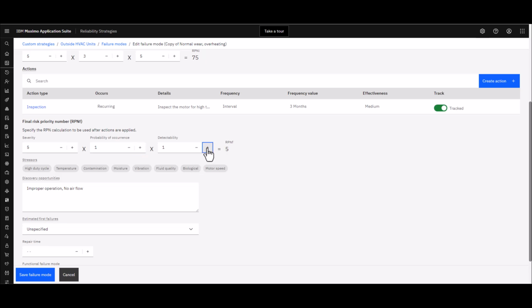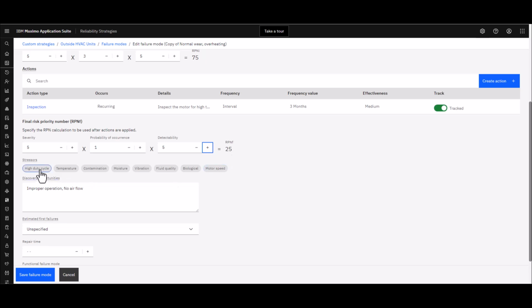And then certainly the detectability is going to remain the same. So I want to indicate in some way what the impact to my RPN is going to be as a result of these actions. And I'm saying that this particular action is really only going to affect the probability of occurrence. But nonetheless, now my final RPN is down here to 25.